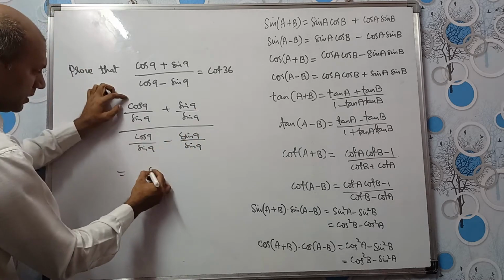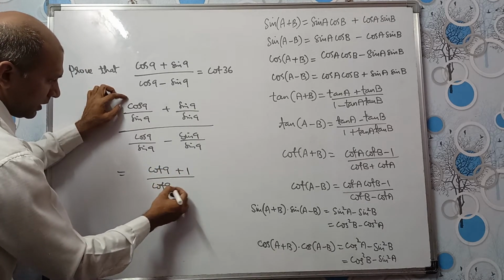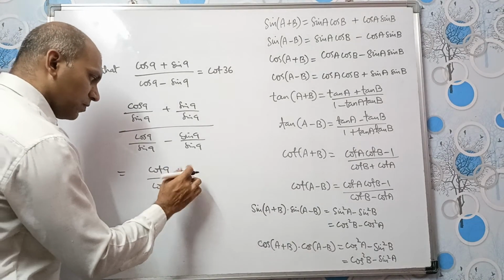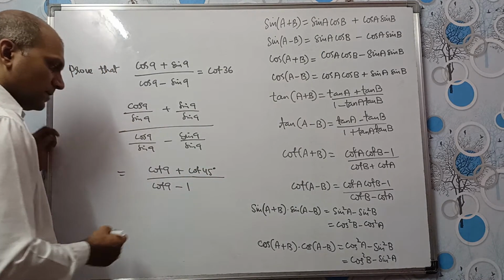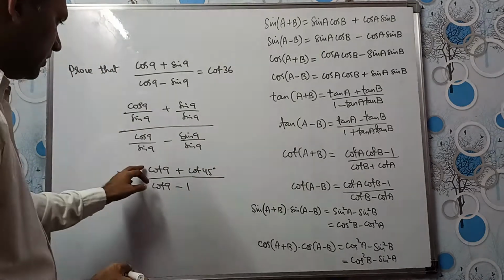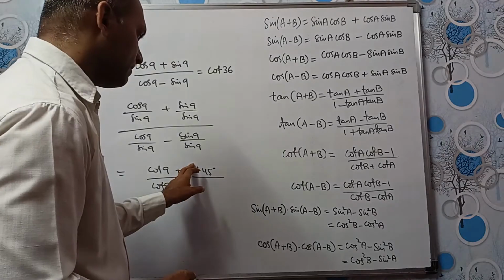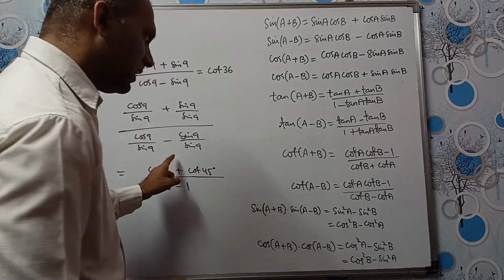So this will be (cot 9 plus 1) by (cot 9 minus 1). Okay, so can we write this one as cot 45? Yes. So what do we have? Cot 9 plus 45. Okay, how can we write?